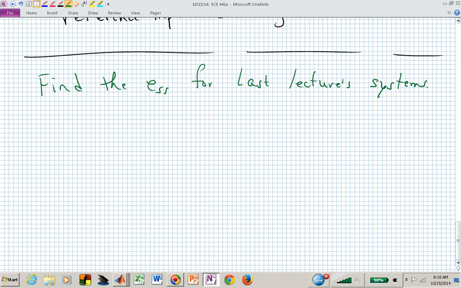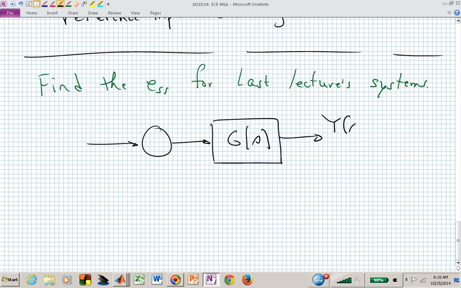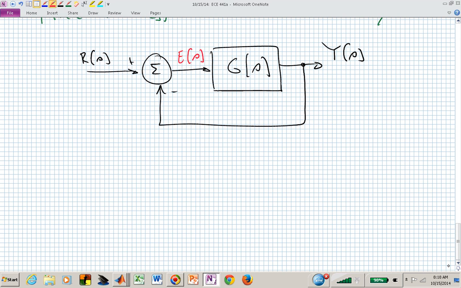And to do that, what we'll do is we'll go ahead and assume that we have our typical closed loop configuration, unity output feedback, our reference in this first set of examples, let's say that's just the unit step, and now we want to find what is E of S effectively for a unit step input.